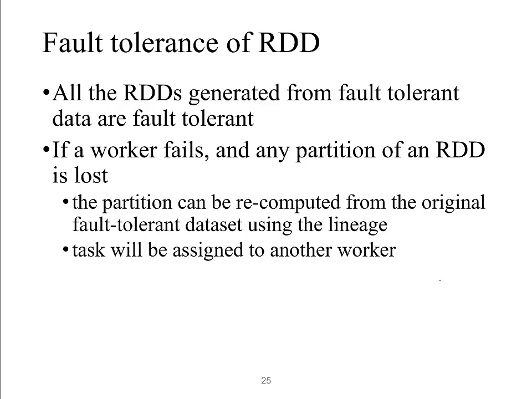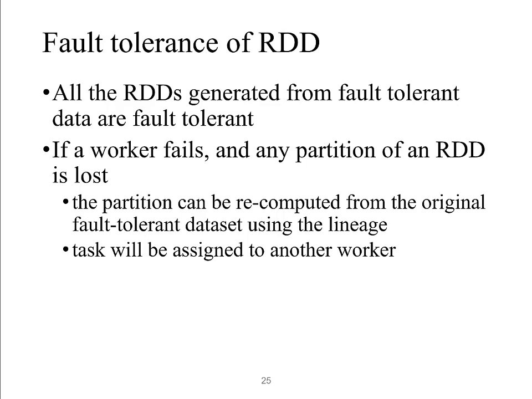That is kind of easy to understand. Just think of if the RDD is generated from a file in HDFS, then if this RDD is lost, we can recreate it from HDFS, because HDFS is fault tolerant. Therefore, such kind of RDD is fault tolerant.